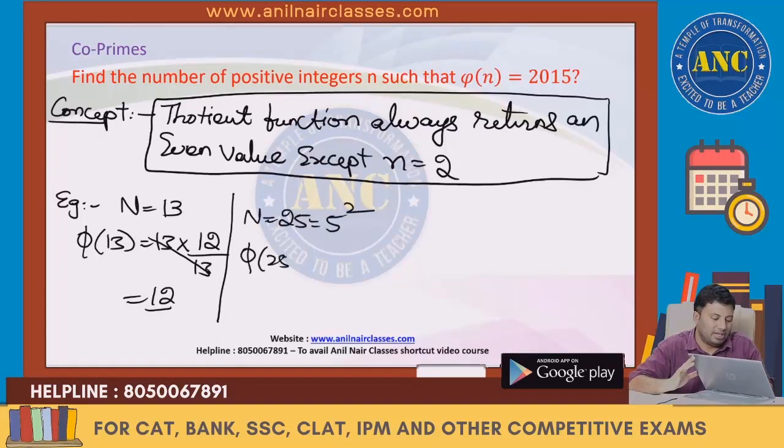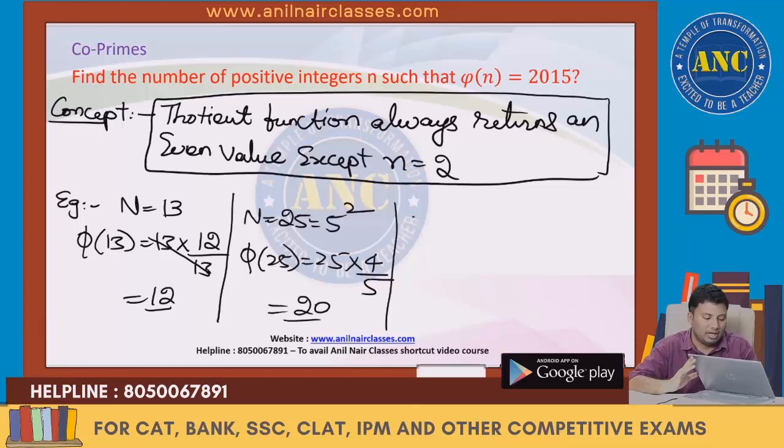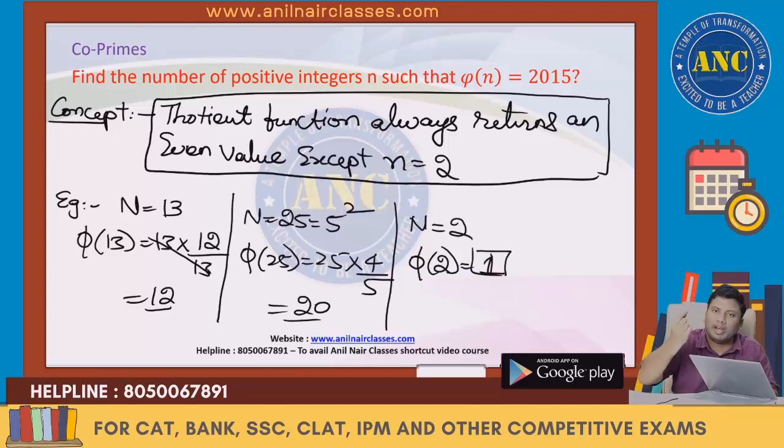Totient of 25 is 25 into 1 minus 1 by 5, 4 by 5, which is 20, again an even number. If n is 2, totient of 2 is 2 minus 1, 1. Only one natural number is less than 2 and co-prime to 2. So except 2, every other totient output will always be an even number.